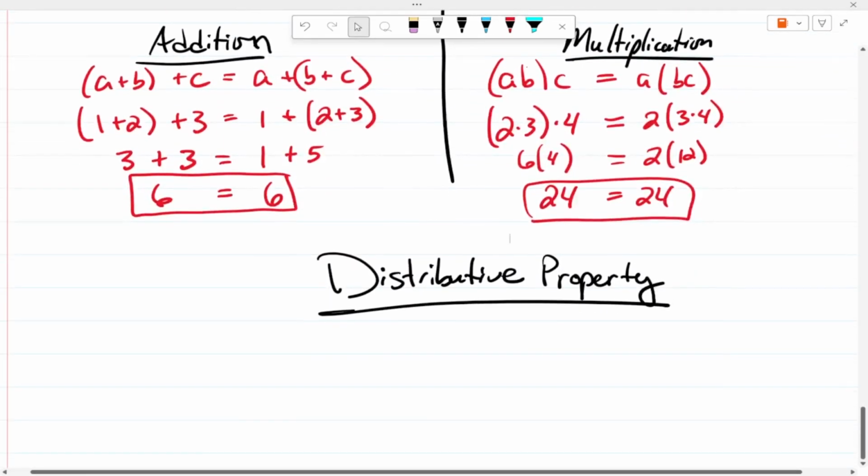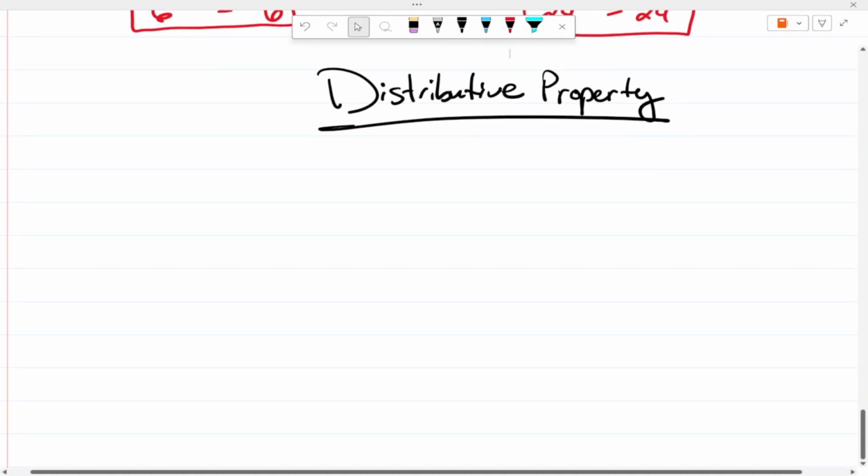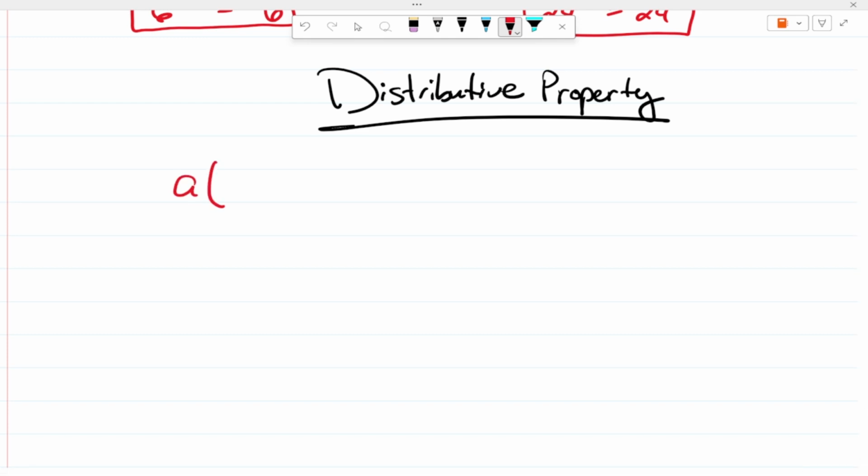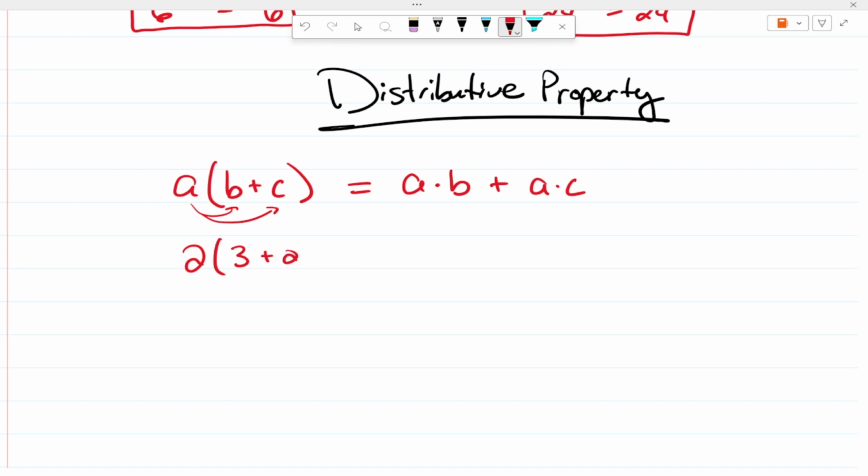The last property is probably the most famous, and this is the distributive property. And what the distributive property says is that if you have a quantity B plus C and you are multiplying a number out front, what you are allowed to do is you can distribute by multiplying each term inside of those parentheses by the factor out front. So an example would be something like 2 times the quantity 3 plus 4.